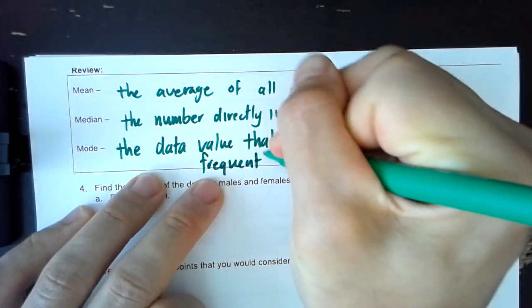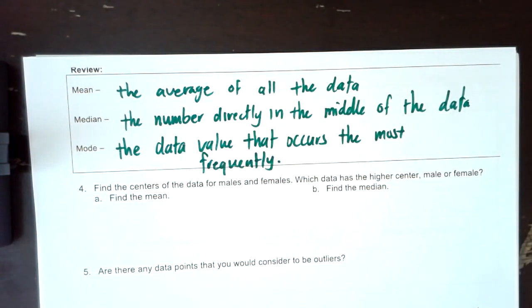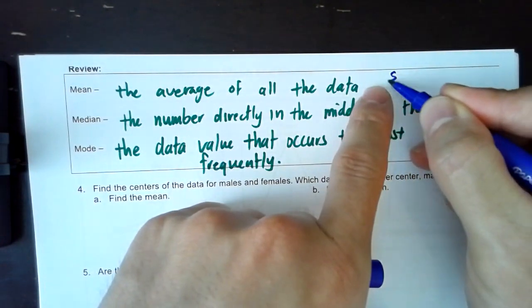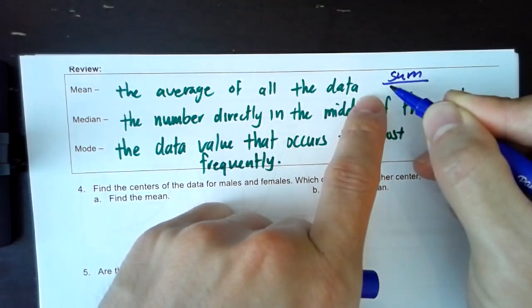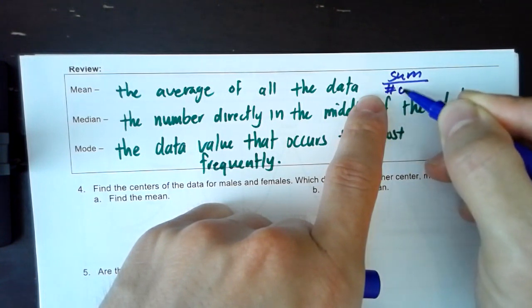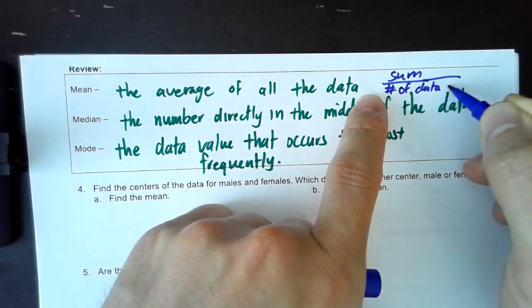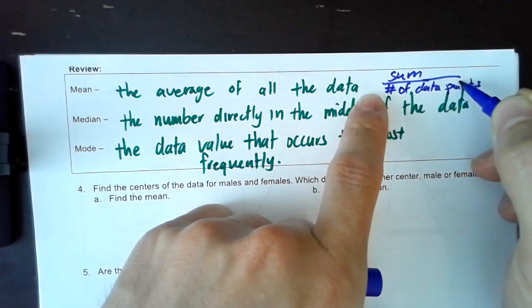Okay, so now a couple things I want to reiterate. The mean is pretty straightforward. The mean is basically just the sum divided by the amount of data points. Right? That's how you find the average of something.